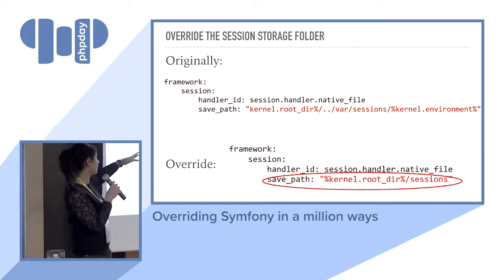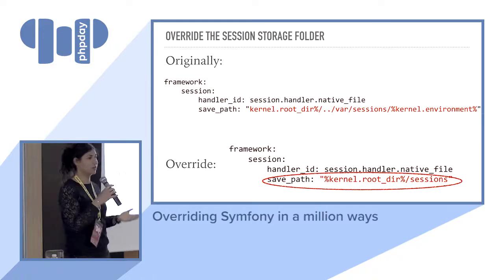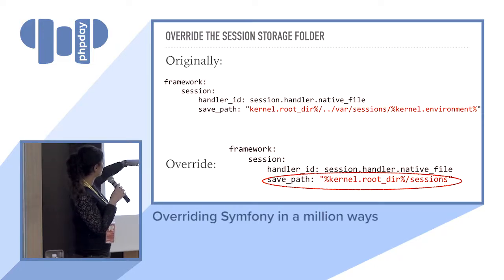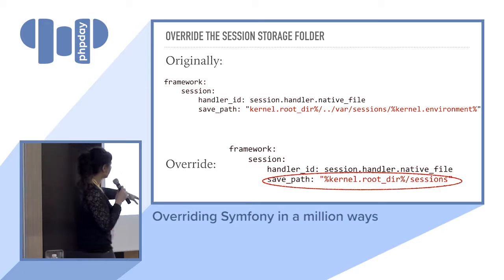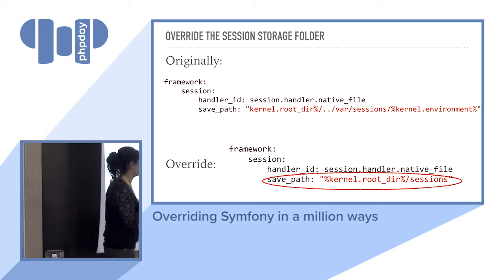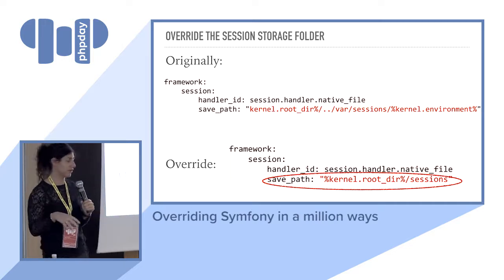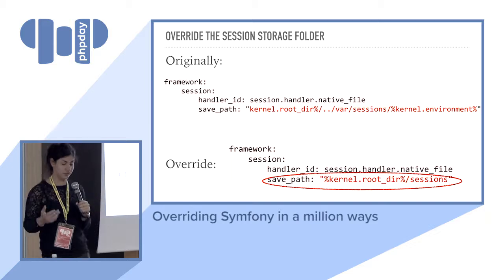If you are using the native file handler, you will have to say where the session will sit. So here, as I said before, by default it's in var sessions. You just have to change it right here and say wherever you want, okay? Again, make sure that this directory can be written by Symfony, otherwise you will have troubles.